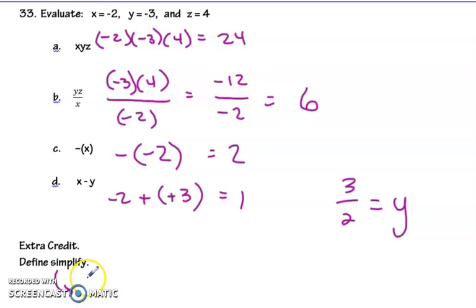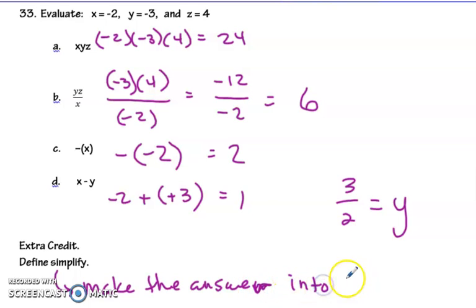It means to make the answer into the most simplest form. And you guys would think that means solve it. But this is the definition of it, and that's because these are expressions. They want you to go in and do the functions to get into the simplest form.